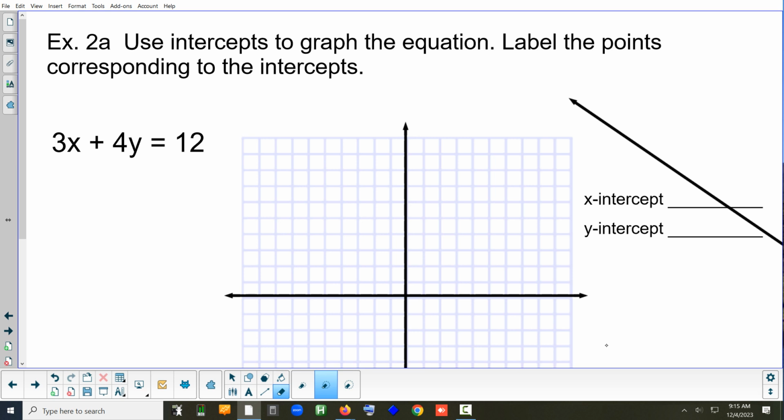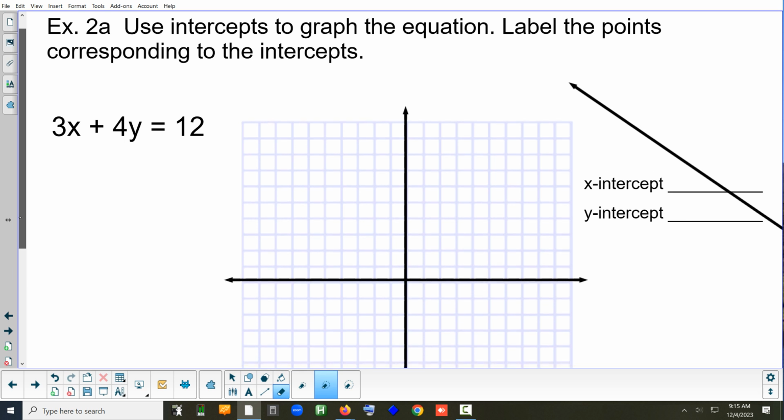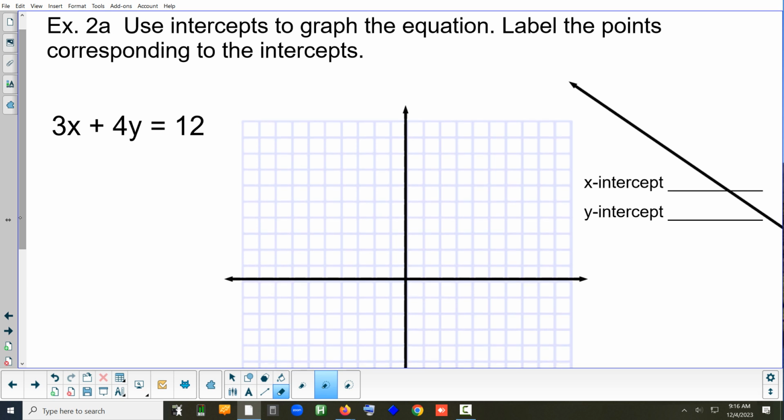Once you get your 2 intercepts, you're going to have your 2 dots. Draw the line through the dots. We'll give people a couple minutes to try that one, and then we'll take a look at it.